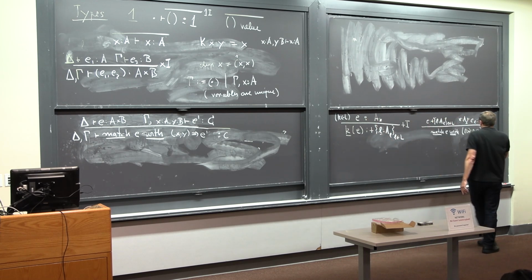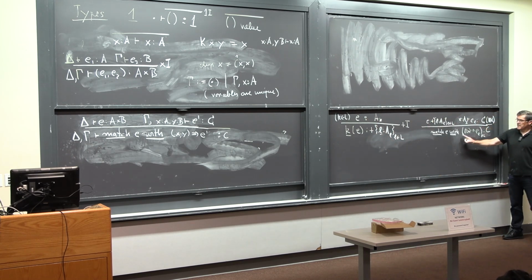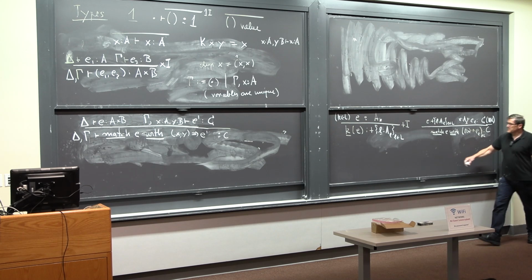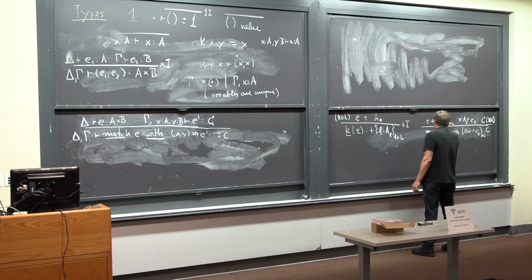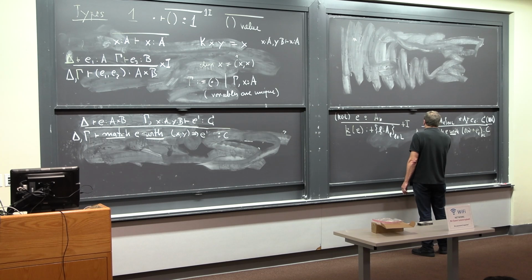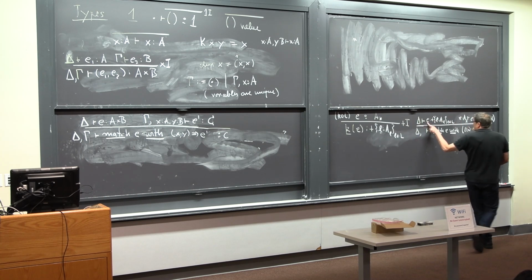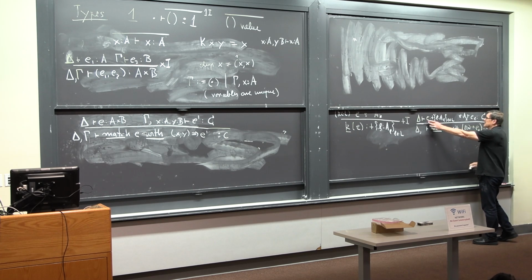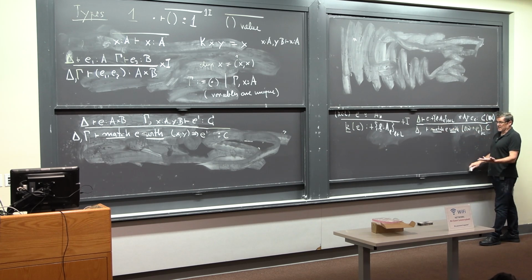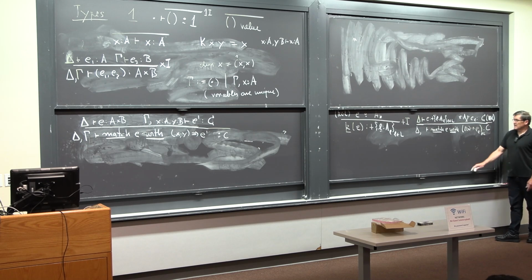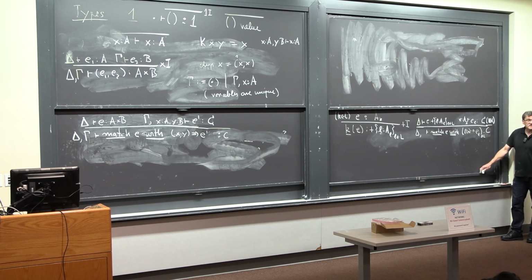Okay. So how do we do this? Part of the pattern here is pretty clear. We have some delta, and we use that over here to construct the E, and the E is going to be a value of the sum type. Okay, but now what do we do with the rest?